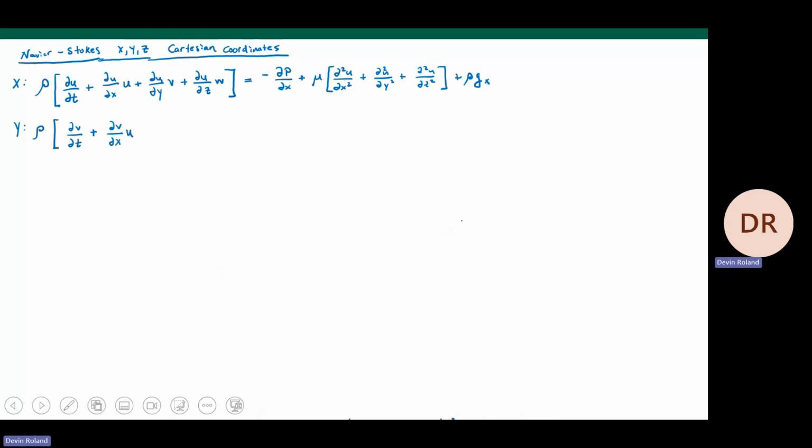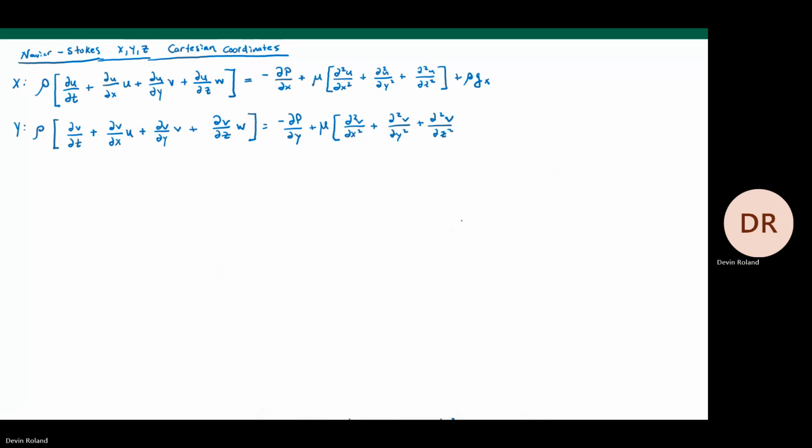Okay, there's dv dx u plus dv dy v plus dv dz w, equals negative dp dy plus mu d squared v dx squared plus d squared v dy squared plus d squared v dz squared. Okay. Plus rho gy.